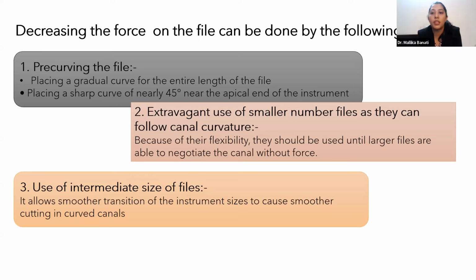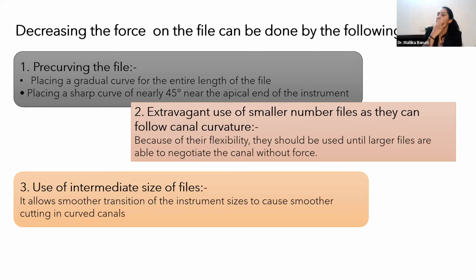So if you have a curved canal, try starting with an 8 or 10 number file instead of a direct 15 number file, because obviously their flexibility is more, until larger files are able to negotiate without any hindrance. Use of intermediate size files, like I told you before, keep recapitulating.